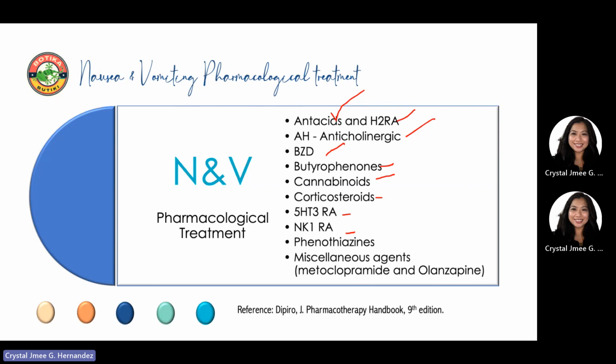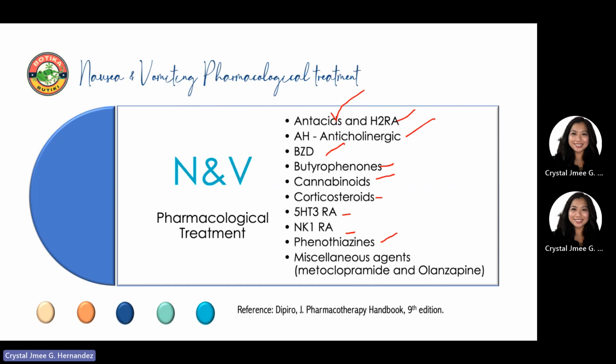And then we have phenothiazines. These are most useful in patients with simple nausea and vomiting, and they have a rectal form of administration, especially if oral or parenteral administration is not feasible. That's the advantage of this drug.